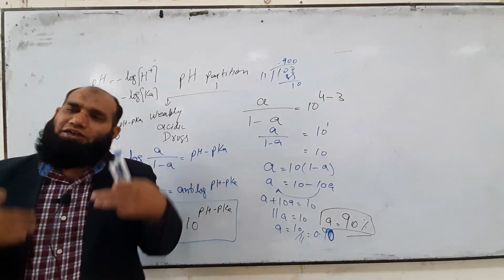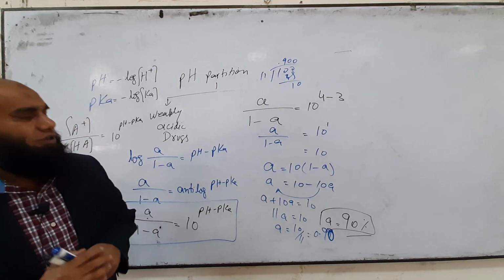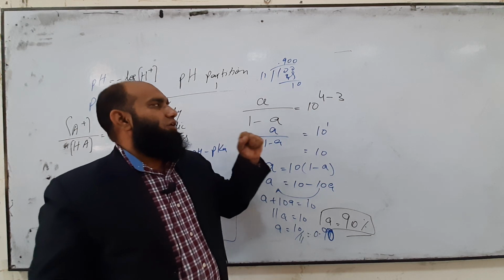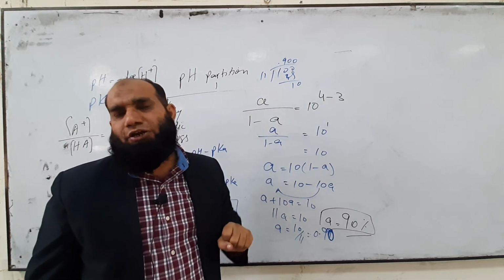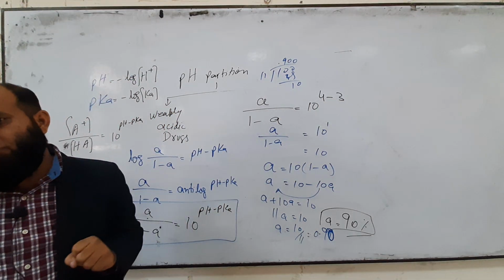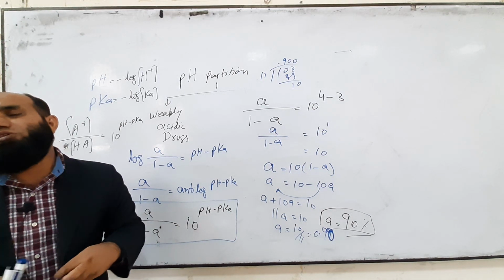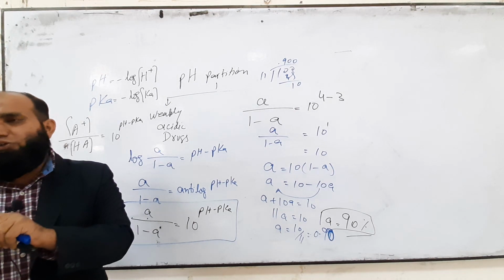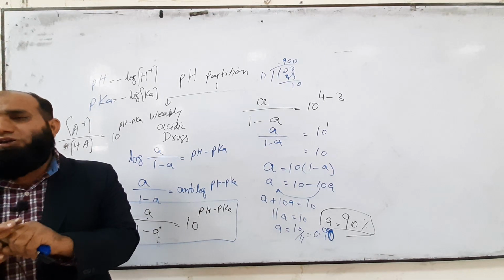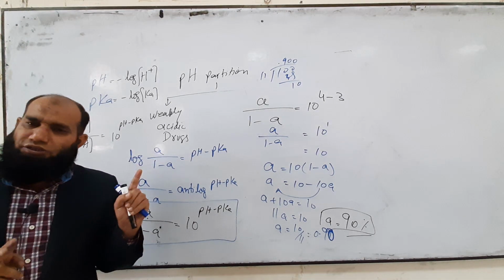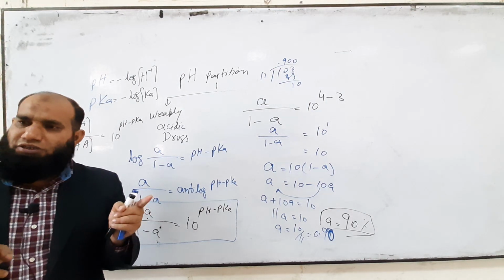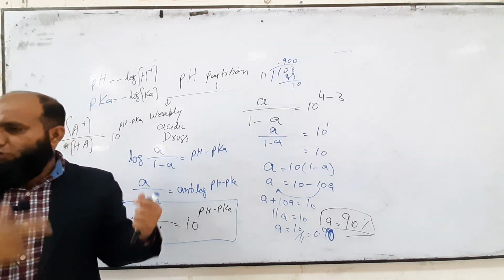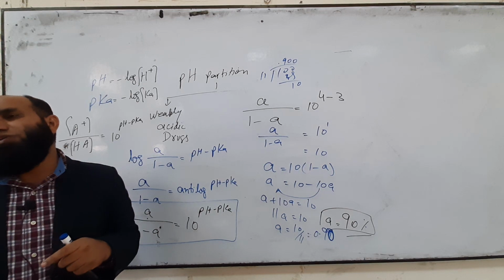Okay, we can make another calculation. For example, we assume that pH is now 5 and pKa value is 3. We are discussing a 2-point difference. In the case of a 2-point difference, the pH of the medium where the drug is present is 5 and the pKa is 3.